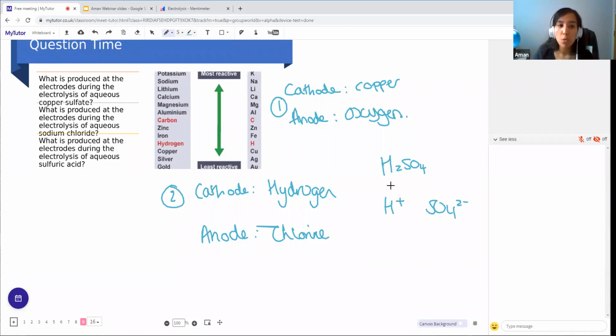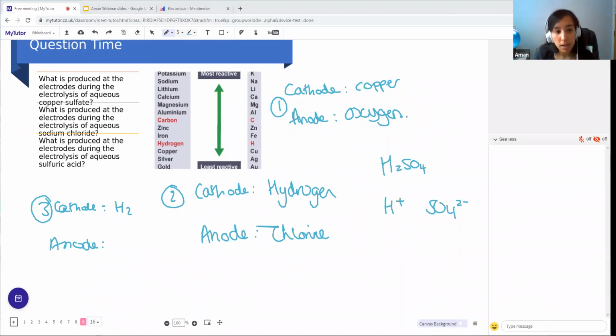So what will be produced at the cathode? Hydrogen, and it has to be hydrogen because we've got hydrogen ions in the sulfuric acid and hydrogen ions from the water. So the cathode produces hydrogen. Good, what about the anode? We've got sulfate ions in there. What do we think? Oxygen, excellent, well done.